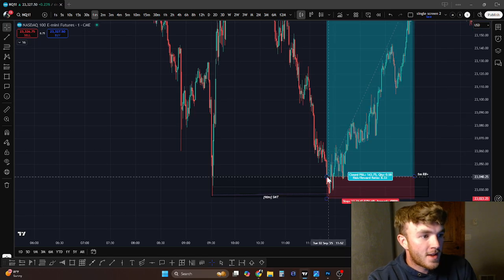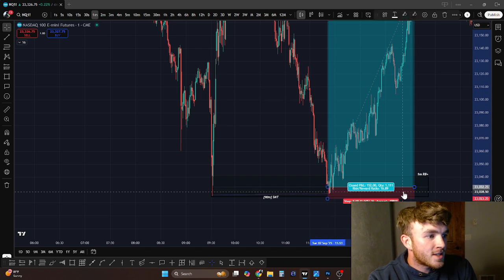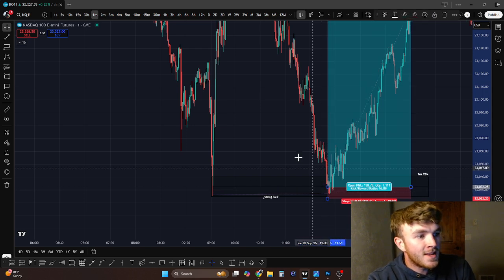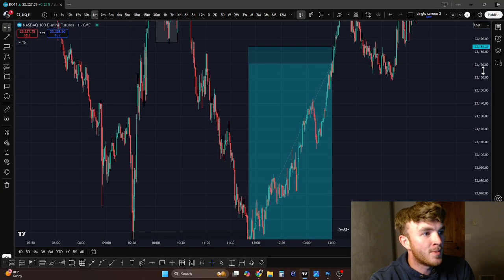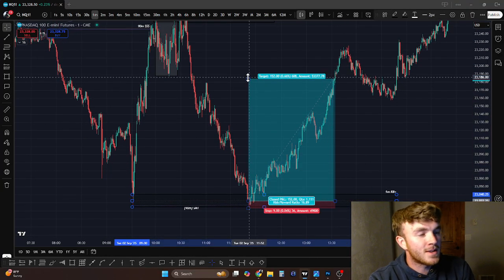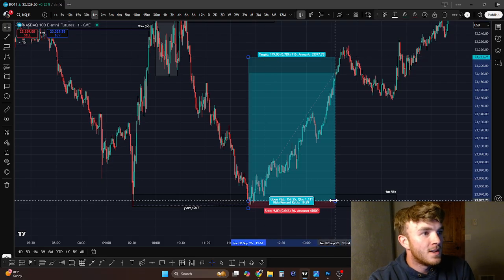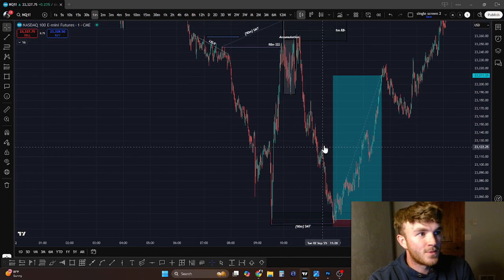But another thing you can do, if you want to get incredibly degen about it, is enter at the midpoint of these rejection blocks. I call this Pheonix Mini. Essentially half the stop loss, and now you have double the RR. So this is going to work sometimes, not all the time, guys, but I just wanted to show that with you. I like this one a lot, and it's super sensitive.